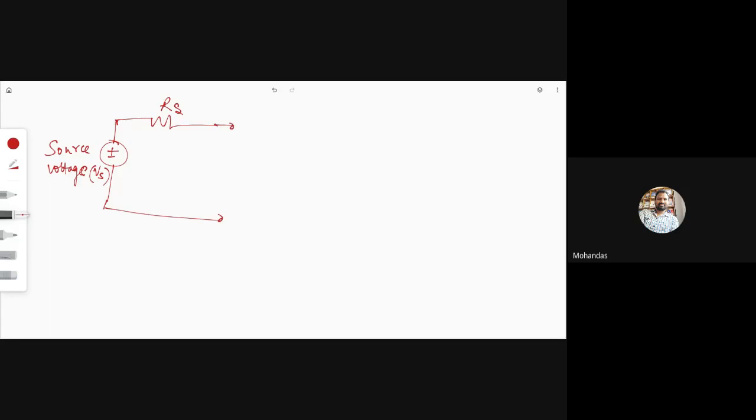So this comes under source voltage and source resistance, and there are some load resistances. This is a load resistance RL, and this load resistance is going to be variable. I already said that in Thevenin's theorem, the load resistance is going to be variable from time to time. So this is called a load resistance, and this is called a source resistance, and this is a source voltage Vs.